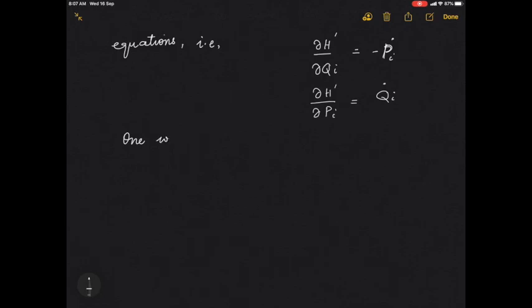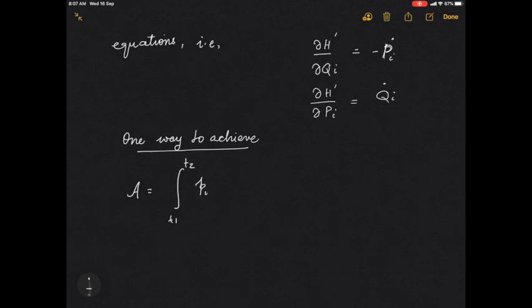This needs two things to be not changed. So how can we achieve this? Well, these equations came from an action. The action was written this way: L, which is Pi Qi dot minus H, which is a function of Qi, Pi.